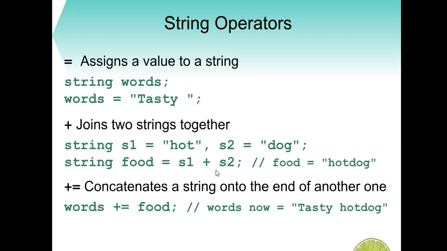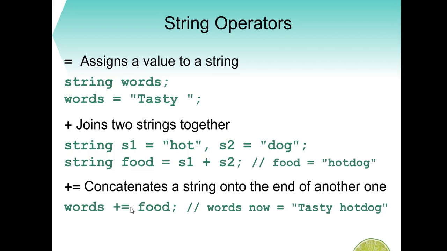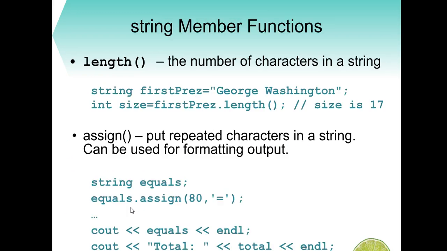In C++, you can concatenate strings using the plus operator, but you cannot use that in a cout statement. You can also concatenate using plus equals, which would be our shortcut for writing words equals words plus food. So you can use that operator to concatenate strings as well.